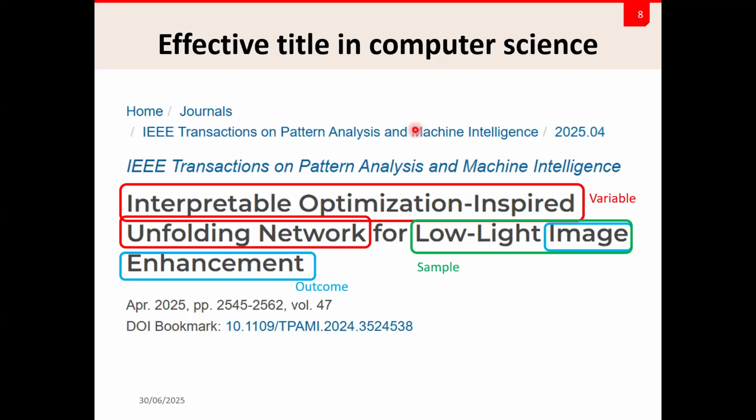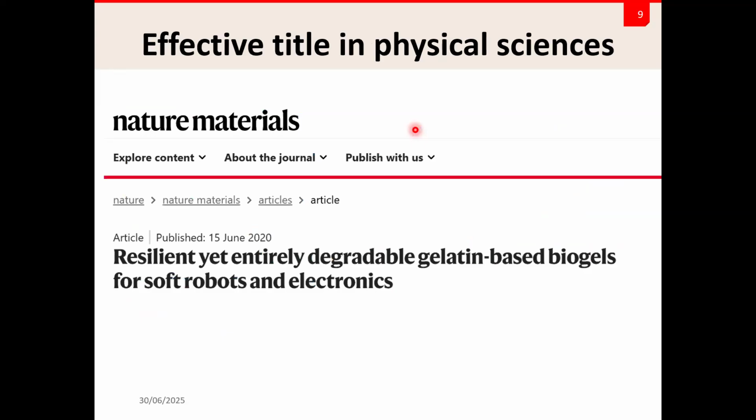And let's go to another example. This article was published in Nature Materials and is related to physical science. So, resilient yet entirely degradable gelatin-based biogels for soft robots and electronics.